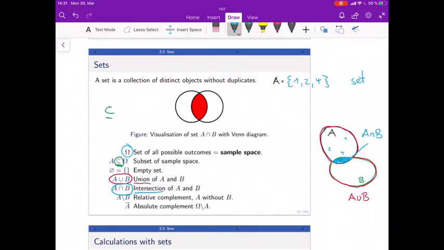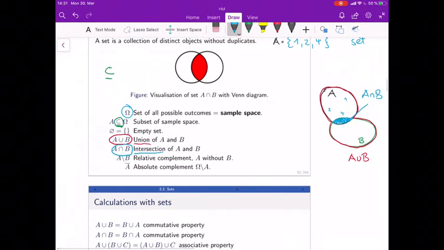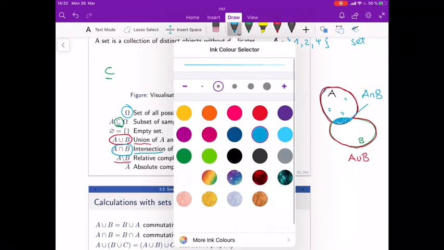Two more. There's the relative complement, A without B. So let me maybe produce this in, let me find a new color. Let's choose yellow.